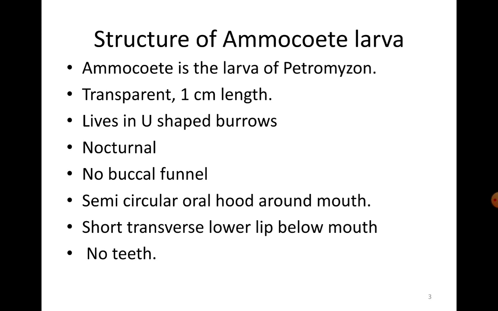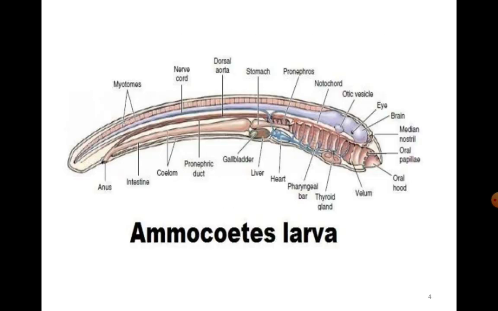Now, when you observe the structure of this fully formed Ammocoete larva, this is how it looks. It's a transverse section of the Ammocoete larva. Its body is eel-like and it differs from the adult in several respects. It has a continuous single median dorsal fin running all along the length of the body.